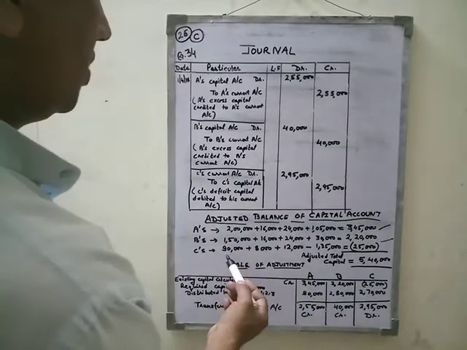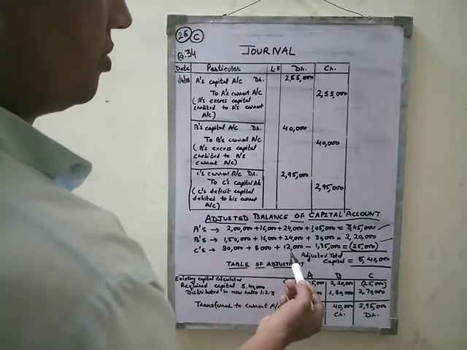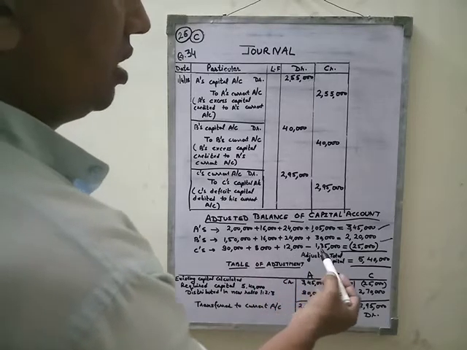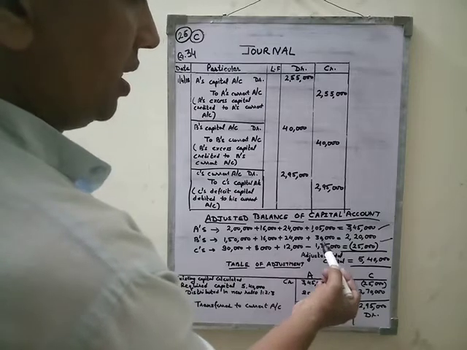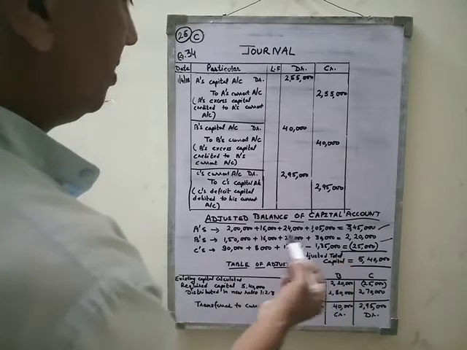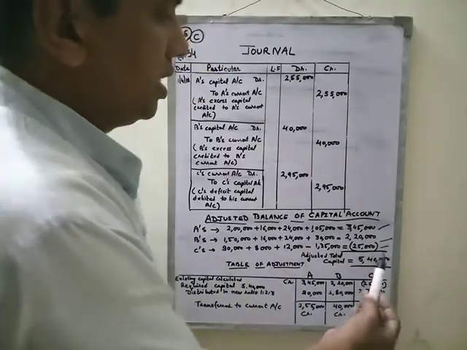In C, capital balance, share of general reserve, part of revaluation and share of goodwill gain. So this gain is subtracted and sacrifice is added in the total capital. So the adjusted capital is calculated in this.